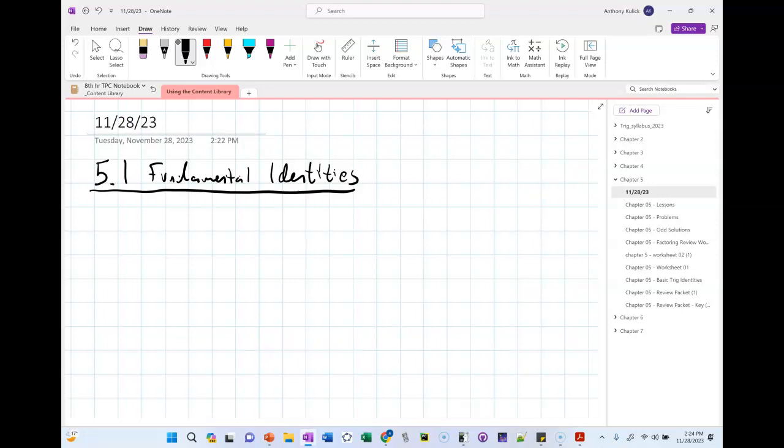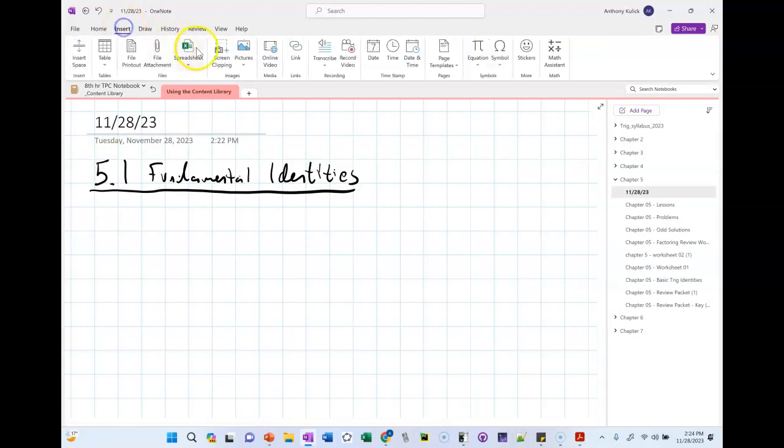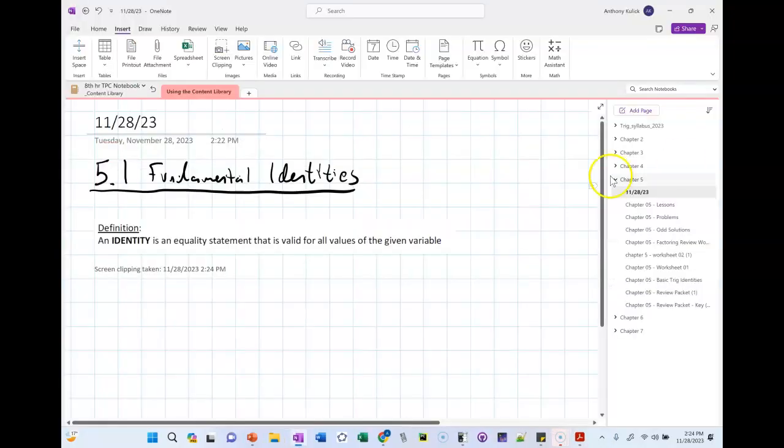And that's what we're going to be doing in today's lesson: building those tools and practicing using them after. Okay? So this section is titled Fundamental Identities. When we talk about an identity in math class, we're talking about an equality statement that's true for all values of a given variable.